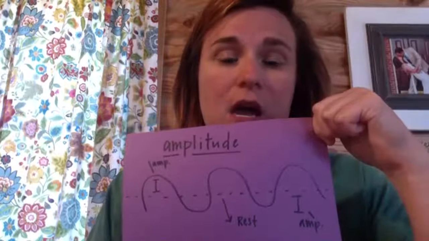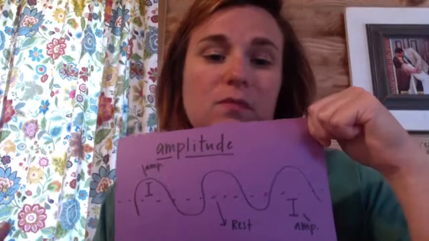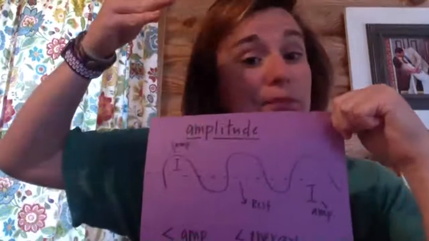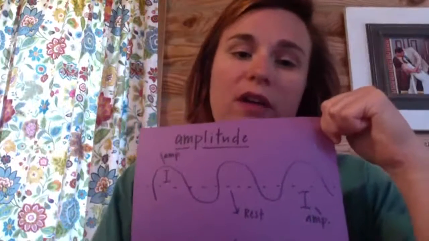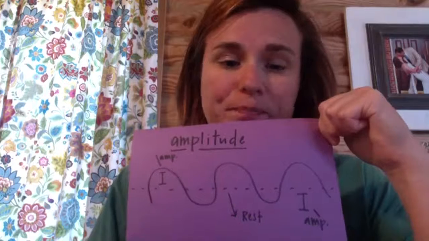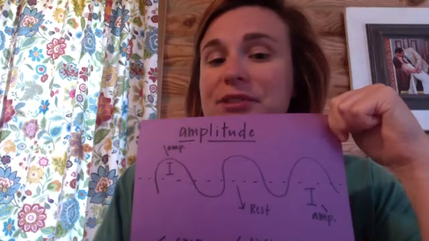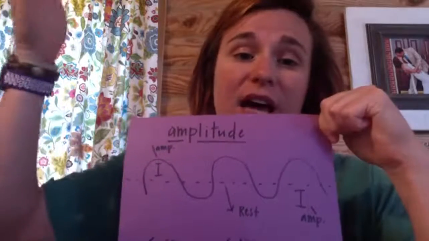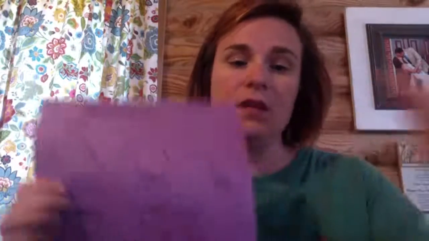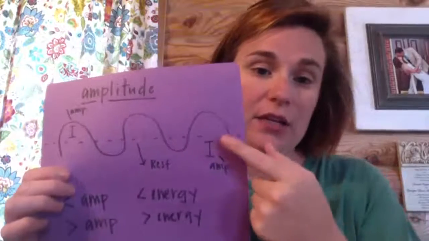So the higher the wave goes up, the more amplitude. The lower the wave goes down, the more amplitude. And amplitude is a fancy word for energy. So the higher your amplitude, the higher your energy. That, of course, is for a transverse wave.